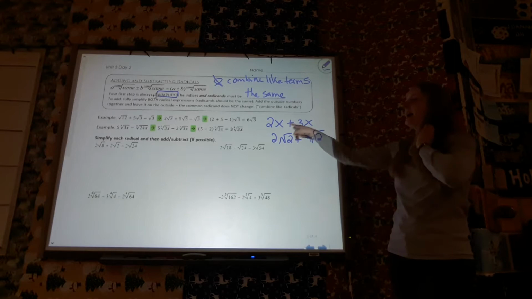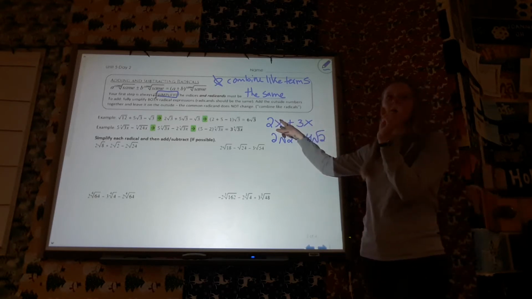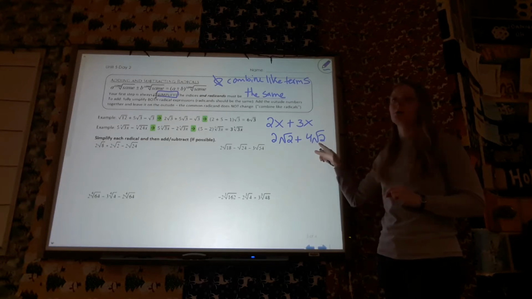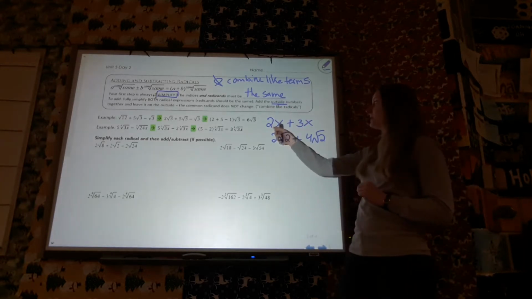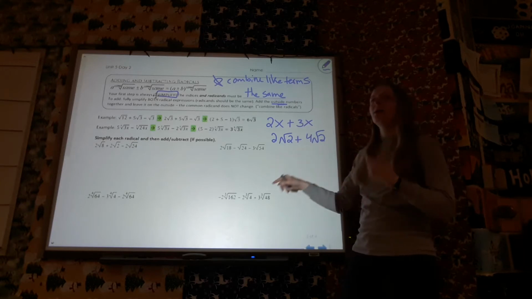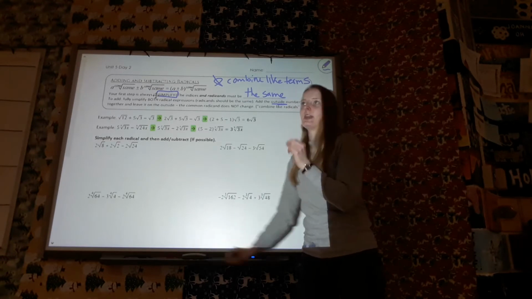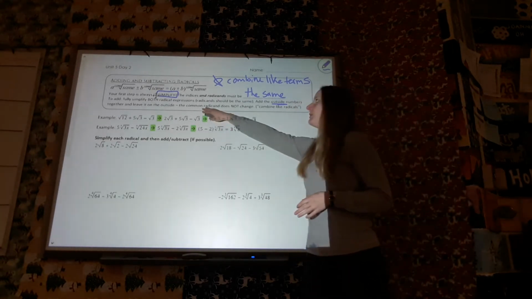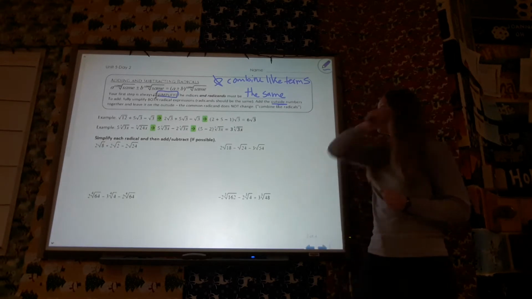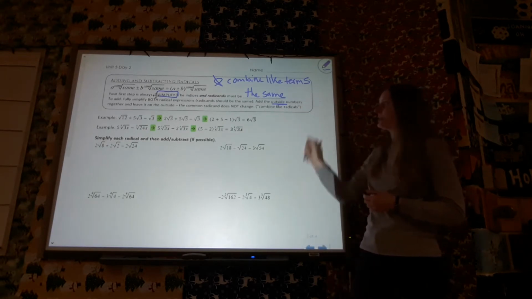So just like when you add like terms, where you don't actually change what it is that they have in common, it's the same thing for radicals. You're only going to add the outside numbers, just like we added the 2 and the 3, and the 2 and the 4. You're going to add whatever's on the outside together and leave that on the outside, and then the common radicand does not change. Okay? So again, it's combining like terms or like radicals.